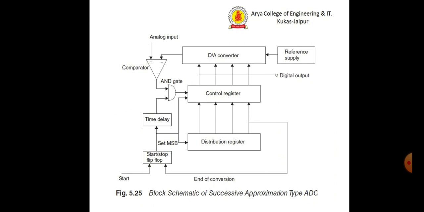At the beginning of the conversion cycle, the control register and the distribution register are set with a 1 in the MSB and 0 in all bits of less significance. The control register, which now reads 1000, causes an output at the D to A converter equal to the value of 1 by 2 reference. At the same instant, a pulse enters a timing delay chain.